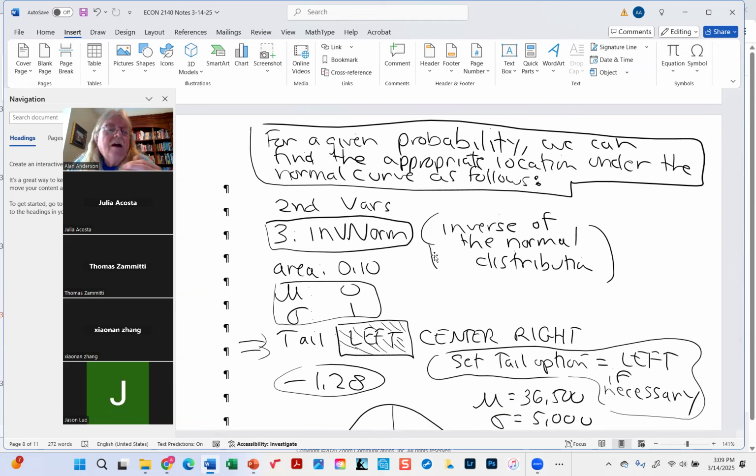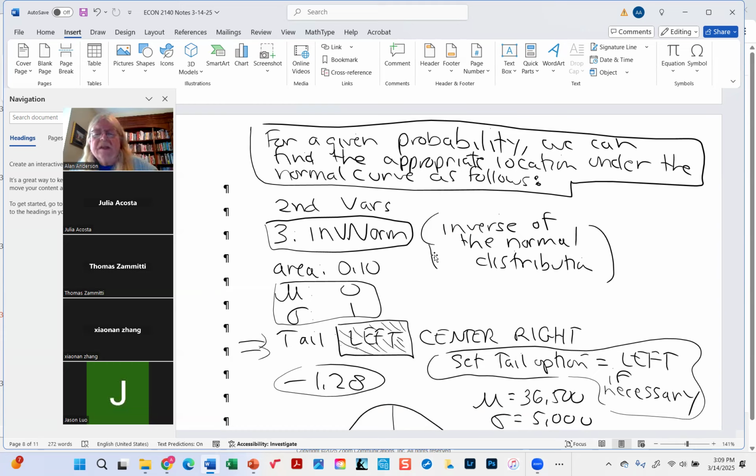All right. Now unfortunately, you can't go down there and change it directly without doing the earlier numbers first. I don't think that's the way it works. You'll have to go and enter the other numbers. But when you get to the bottom, make sure it says tail is left, or else that it doesn't say tail at all. So you'll type in area of 10% because you're looking for the left 10% tail. You'll have a mean of 0 and standard deviation of 1 because it's the standard normal distribution.